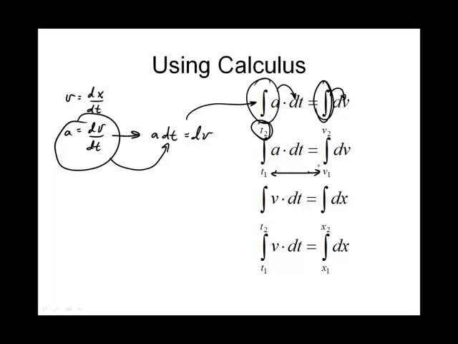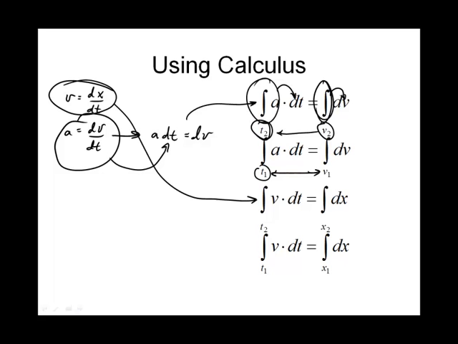And so v1 must be the velocity at time t1, and v2 must be the velocity at time t2. And so when I integrate both sides, I get that. I can do the same thing with this velocity equals dx dt equation, bring the dt to the other side, and then integrate both sides, and I'm going to end up with that.